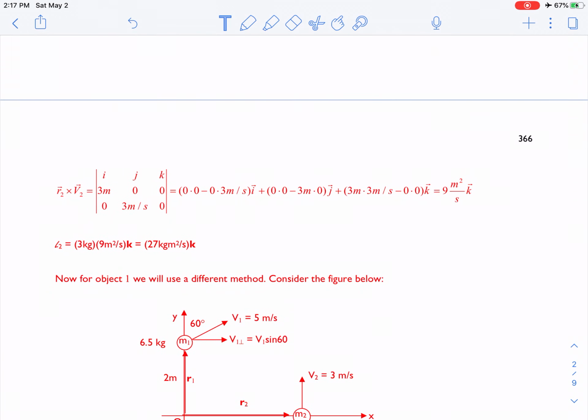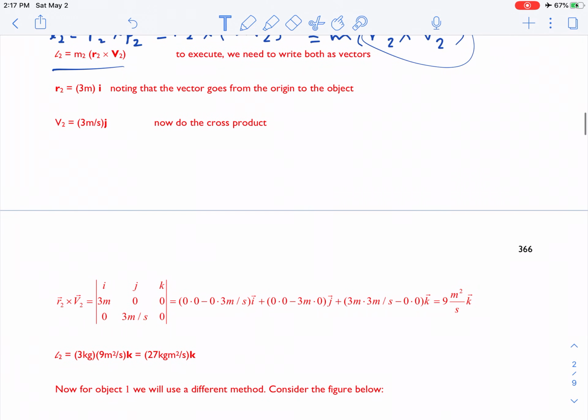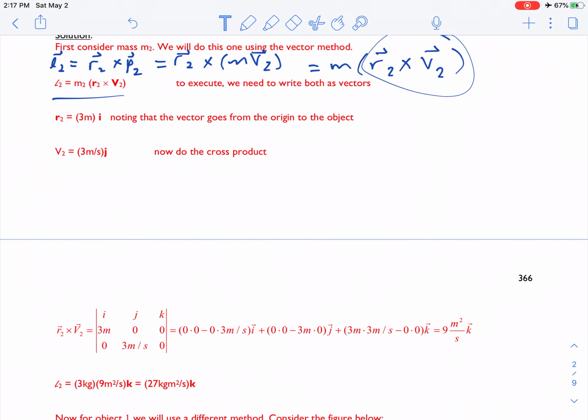How do we do it? Again, it's a good practice. What we need is R2 cross V2, right? It's like that circled part in the equation. Later on, we need to multiply by mass to find the angular momentum, so don't forget that. To do this, if you focus on this cross product, we are going to first write i j k as the first row.